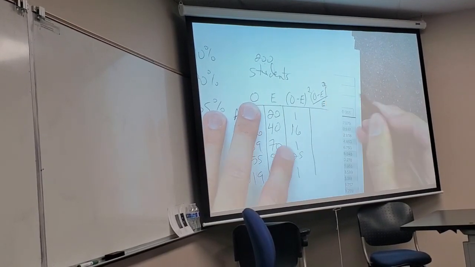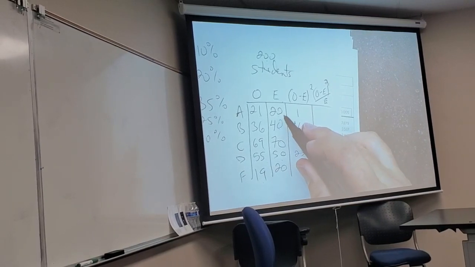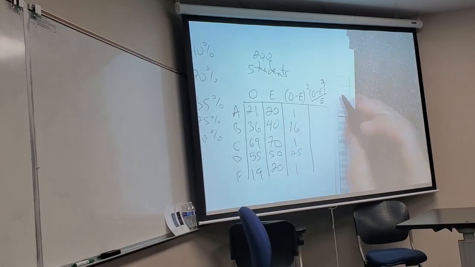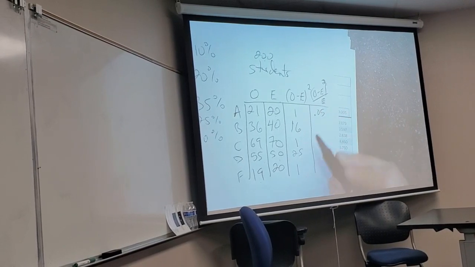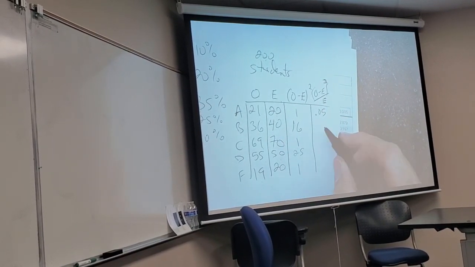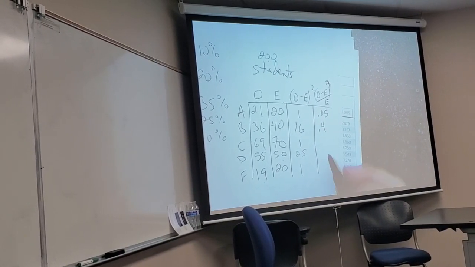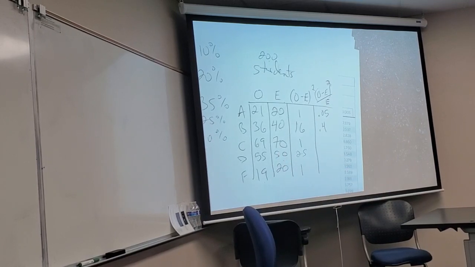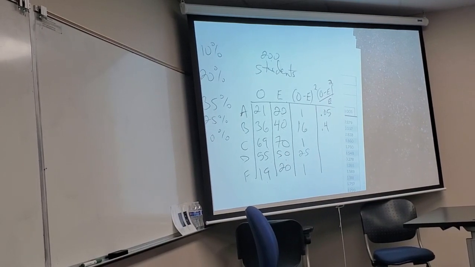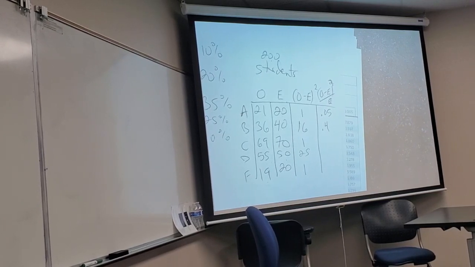So I might need a little bit of calculator at some point here. 1 divided by 20, that's not that bad. That'll be 0.05. 16 divided by 40, that's pretty good. That's going to be 0.4, I believe. You guys can double check. 1 divided by 70, I don't know what that is. It's 0.0143 something.